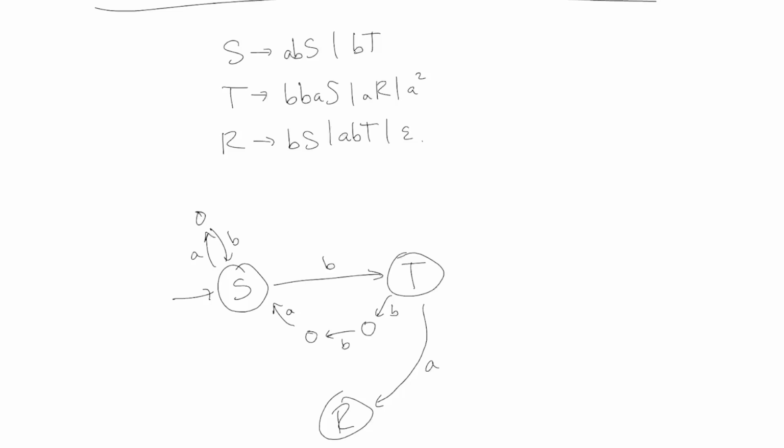People, as I was walking around, were figuring this out. If it said empty string, that just means R is accepting. I might as well put that in. But this is similar in that it represents the end of the grammar derivation. So it does have to do with an accepting state, but it doesn't mean that T is accepting.